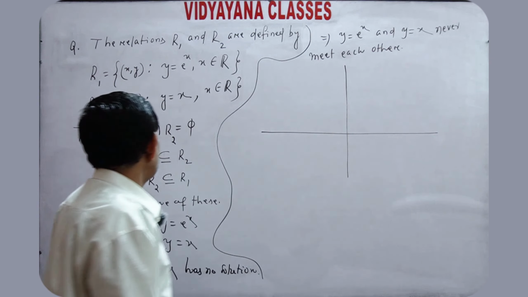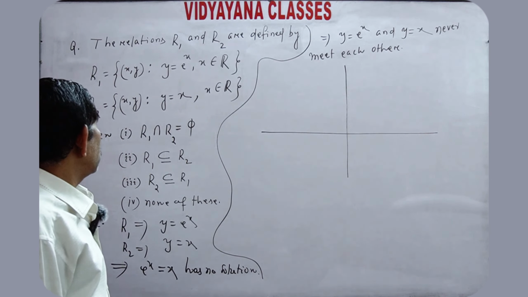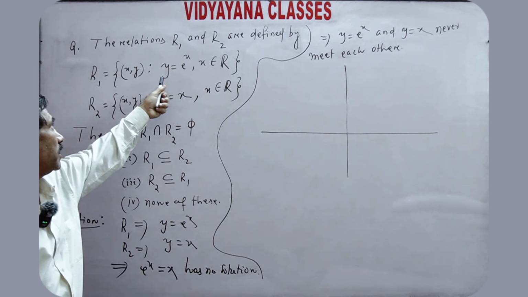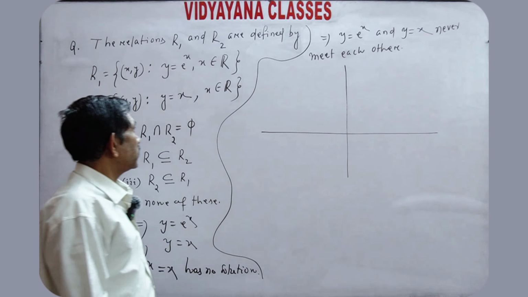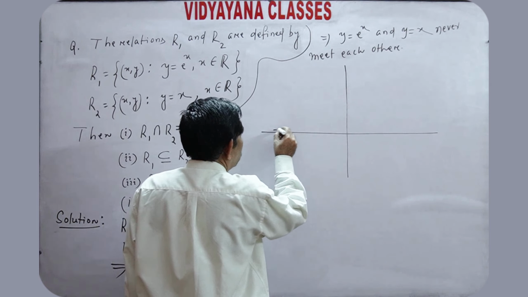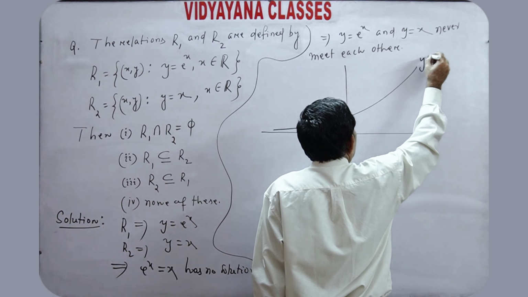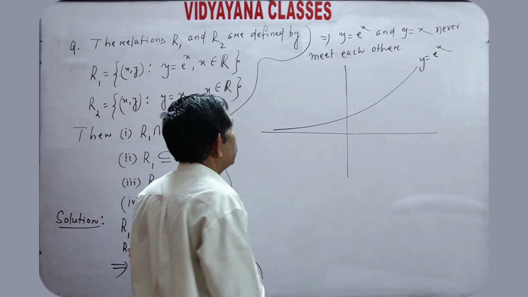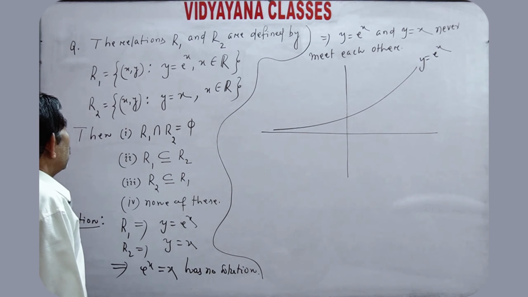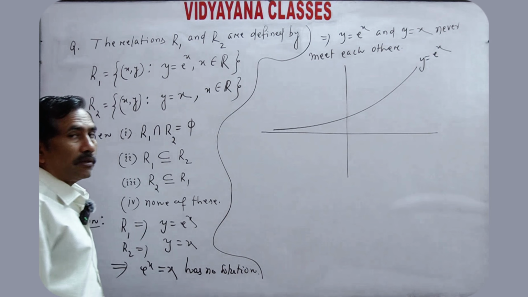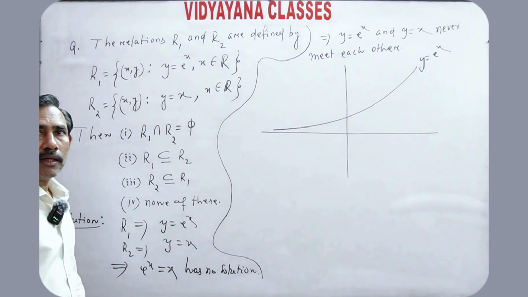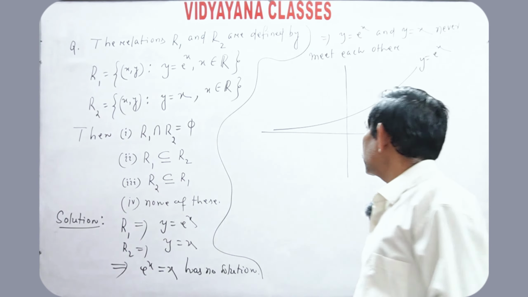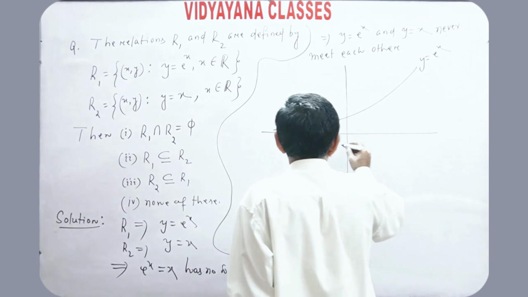y is equal to e to the x is an increasing function. That means y increases as x increases. It is the graph of the function y is equal to e to the x, x belongs to R. y equal to x is the equation of a line passing through origin, and its slope is 1.